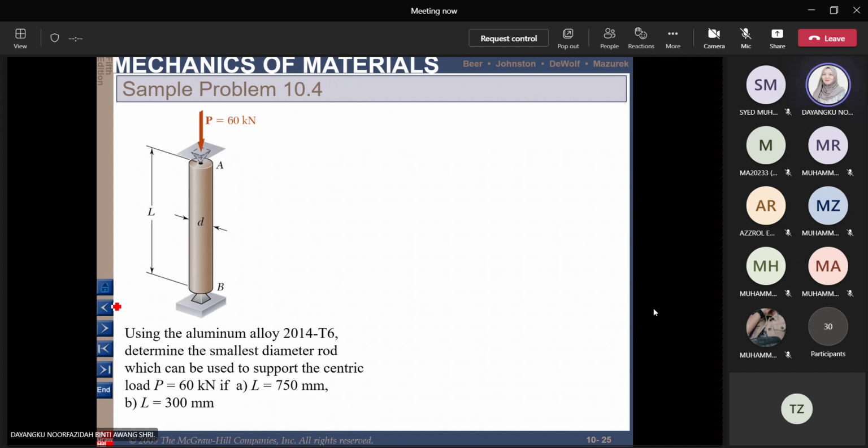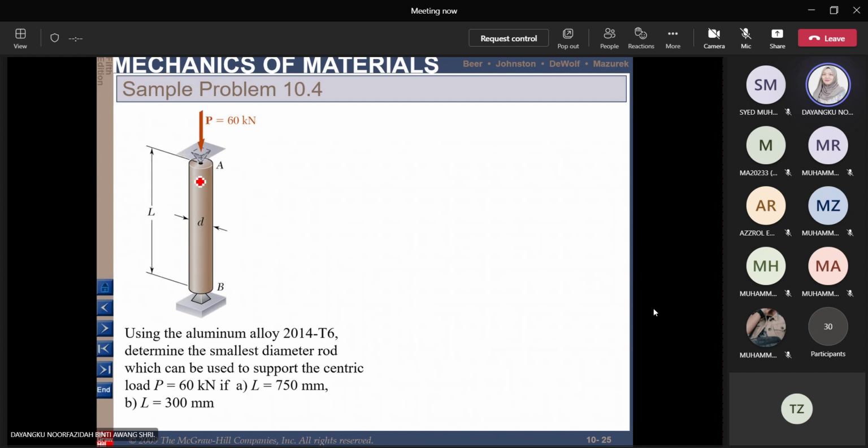Okay, because the diameter is not specified, we can get the value of the diameter. Because our L is given here, we need to find the L over r. In order to get that, we need to find the relationship between the r and the radius, or diameter.